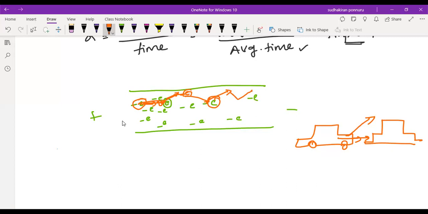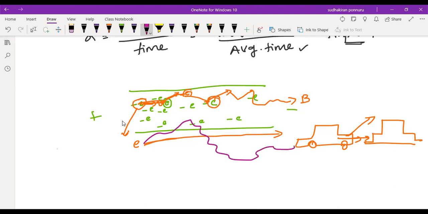Likewise it has multiple collisions, and finally reaches the final point B. For a single electron the actual path should be straightforward, but because of the many electrons present inside the conductor, the actual path changes, and finally it reaches point B.